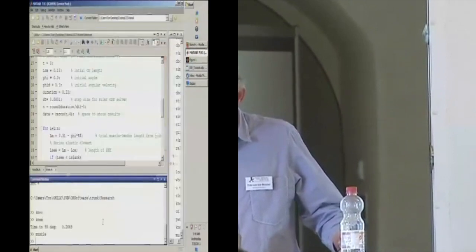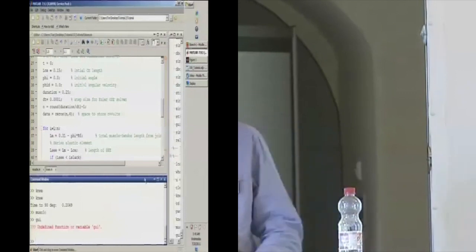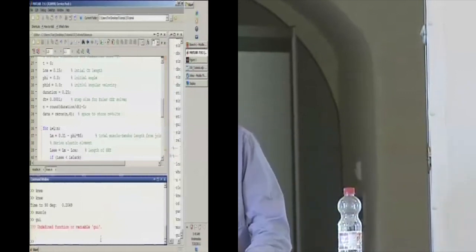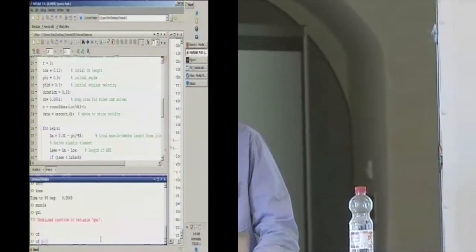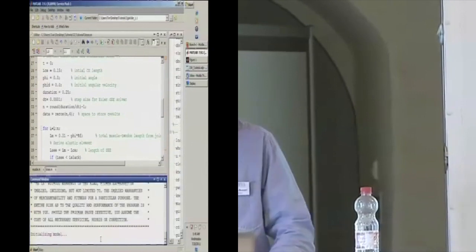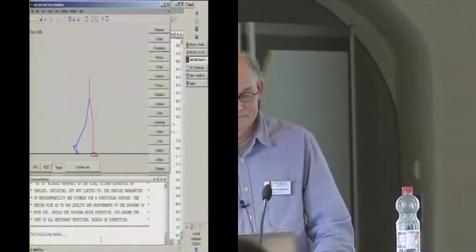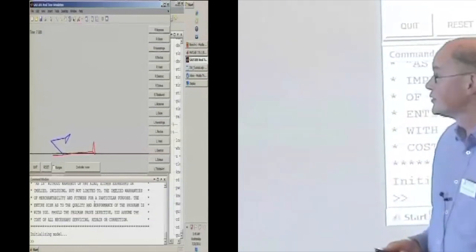Let's try this here. So it looks already quite human-like, even with the passive properties of the muscles and the joints.